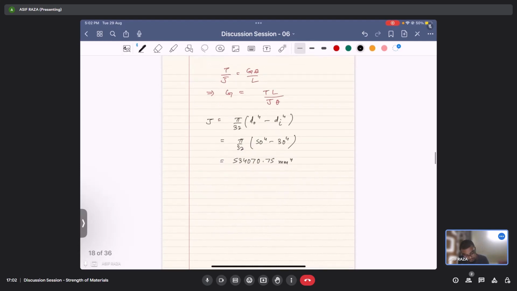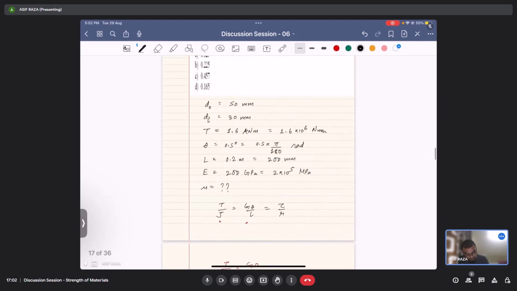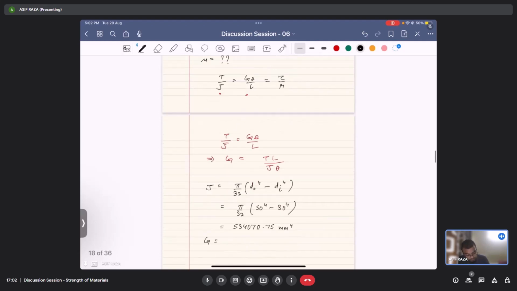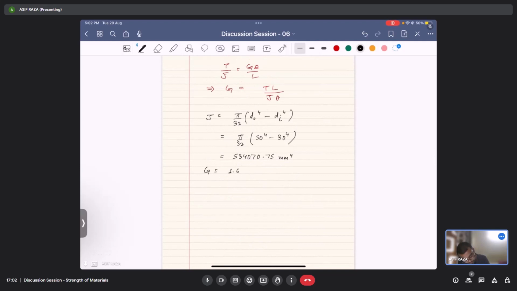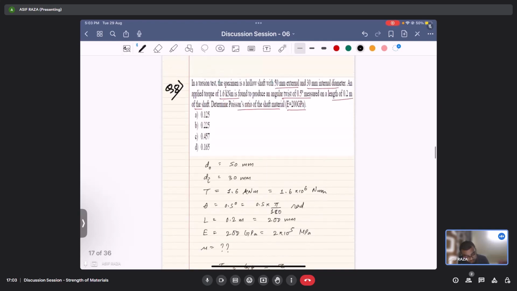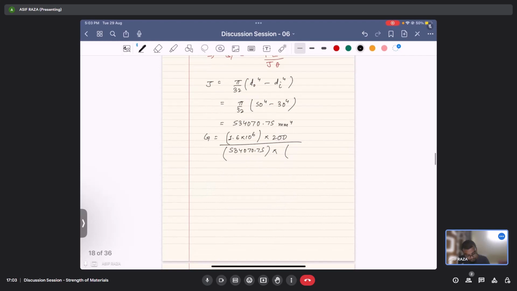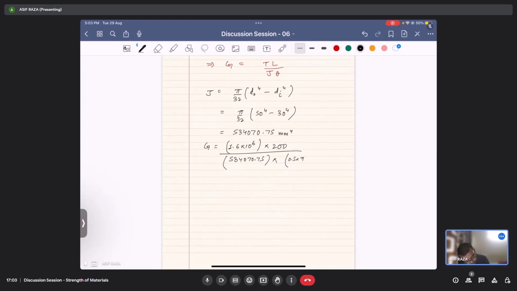Now G would be equal to T, which is 1.6 into 10 power 6, L is 200 mm, J is again 534,070.75, and theta is, it was given as 0.5 degree, that would be equal to this amount of radian.